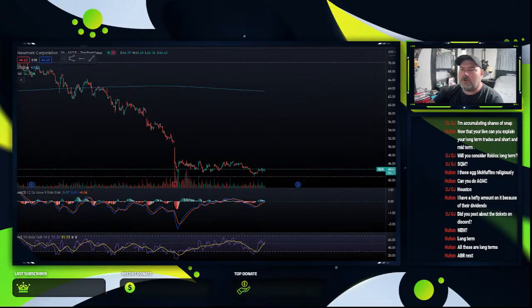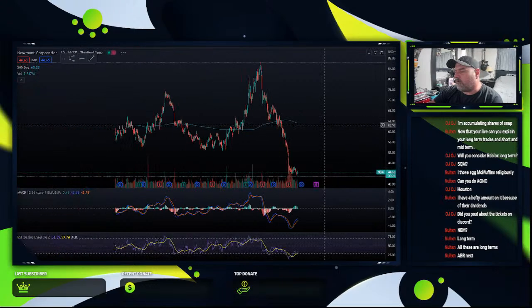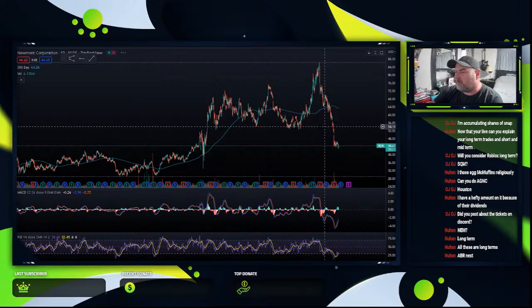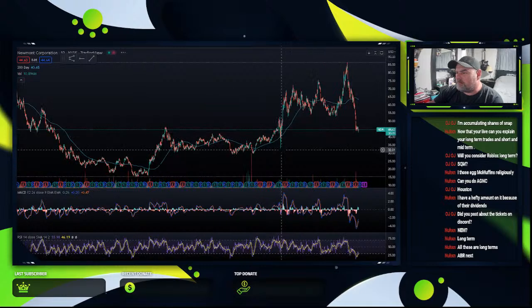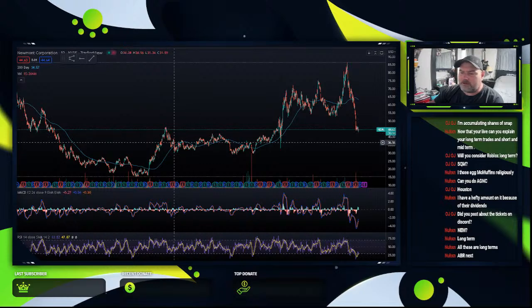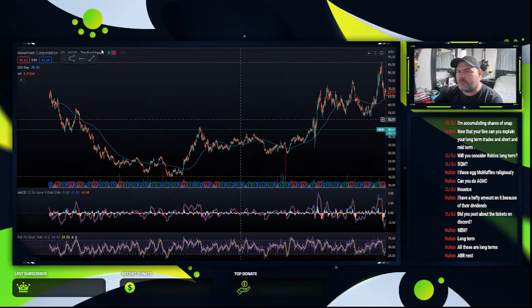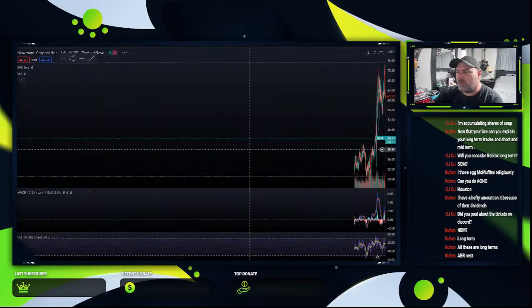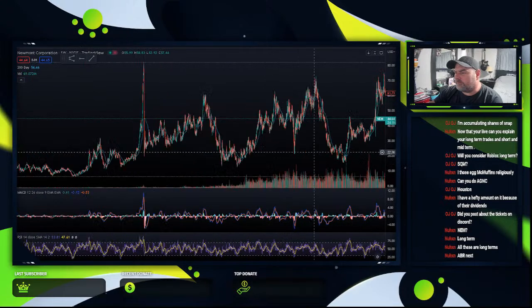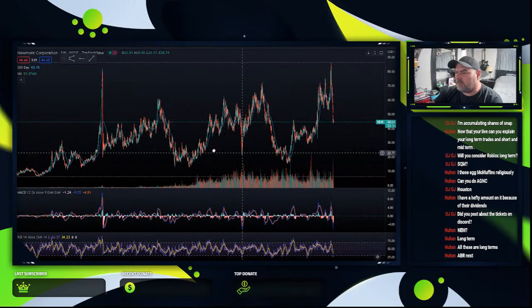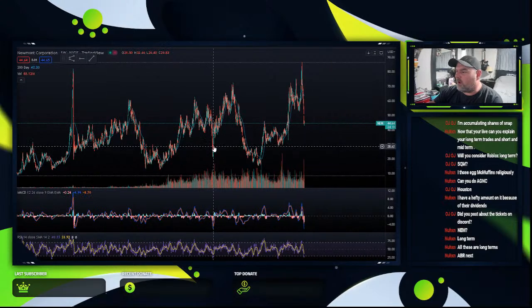And if I'm looking for a break of 44, I'm probably looking for a support area. Let's see, there's 40. For a longer term put, my support area is going to be $28.